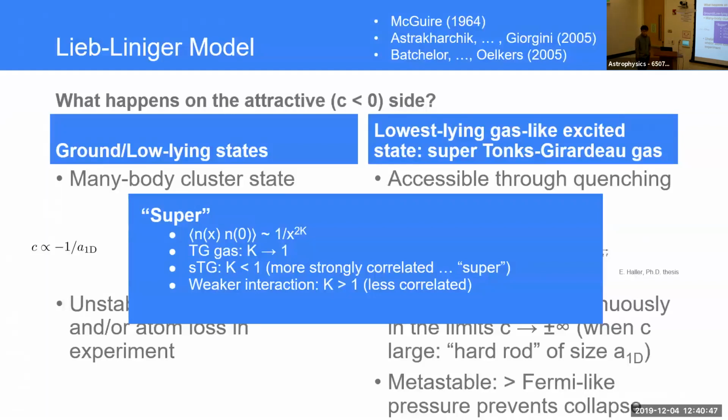And you would expect interaction to modify this power law fall-off. Indeed, in the case of a super-Tonks gas, it has been calculated that K is actually smaller than 1, making the fall-off slower and hence more strongly correlated, and super. And in the case of the Thomas-Fermi gas, K is indeed greater than 1, which means the gas is less correlated.